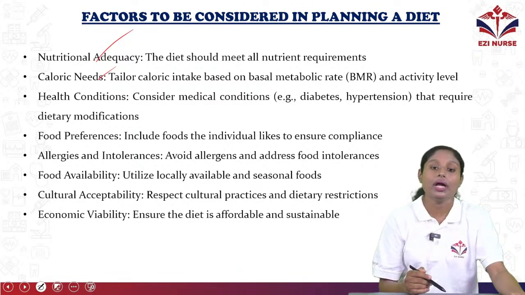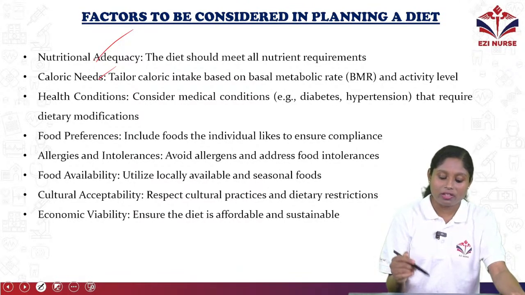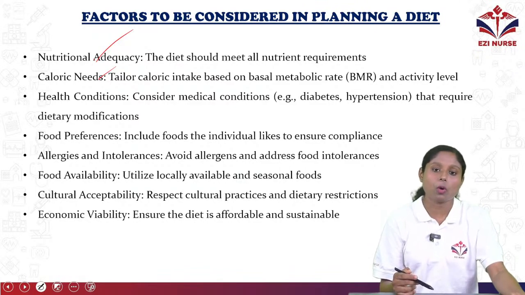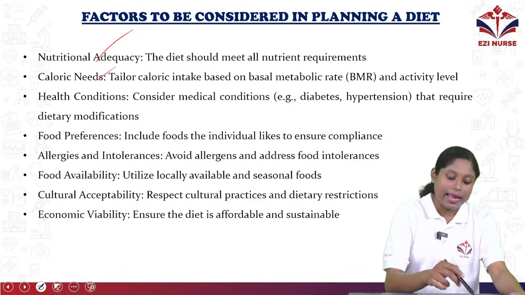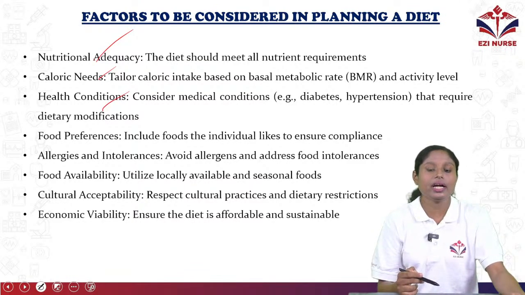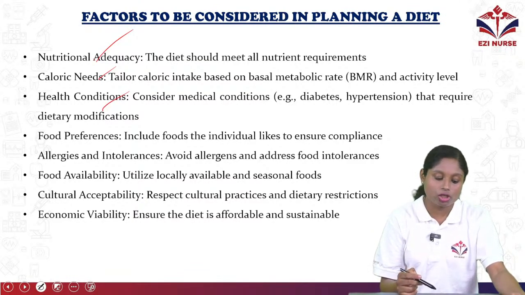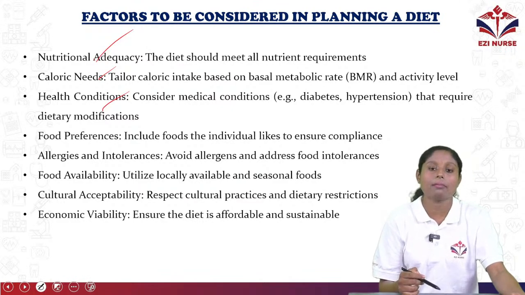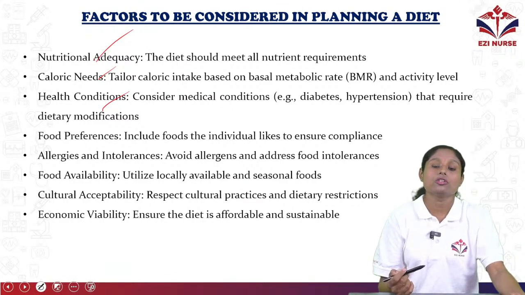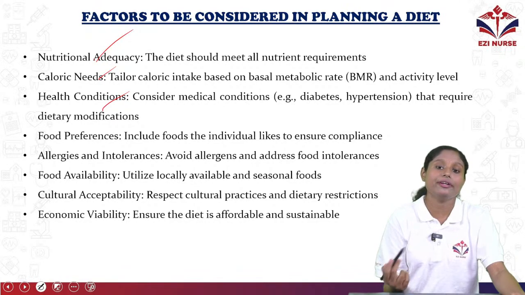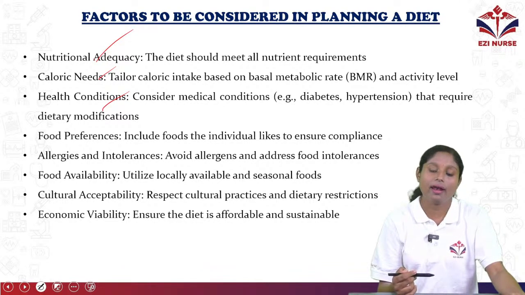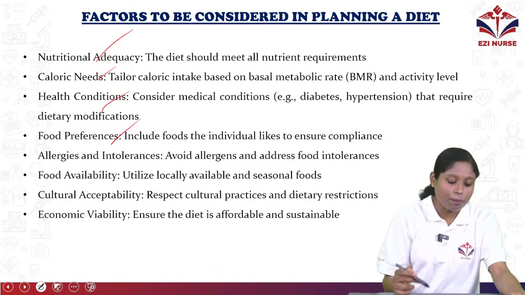So we need to identify calorie needs based on the BMR, basal metabolic rate, as well as the activity level of an individual. Health conditions. Consider medical conditions like diabetes and hypertension that require dietary modification. For example, hypertension patients need to reduce the intake of sodium in their diet. Next is food preferences.